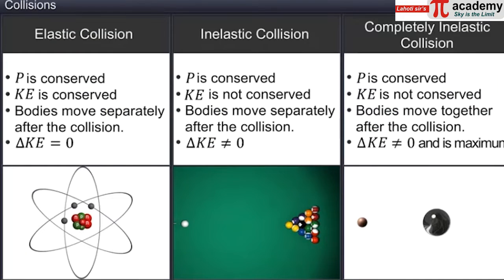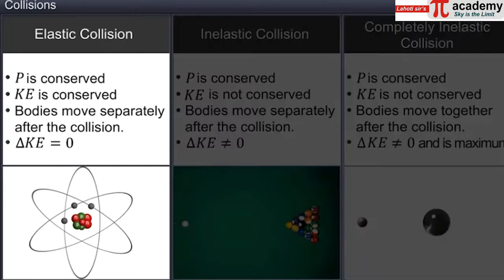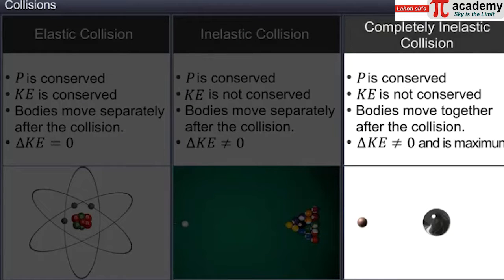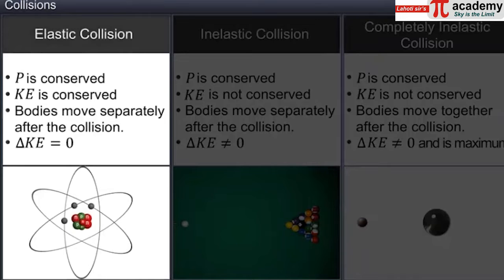There are 3 different kinds of collisions: elastic collision, inelastic collision, and completely inelastic collision. In a collision, if both the total momentum P and total kinetic energy KE of the colliding bodies are conserved, then it is an elastic collision.